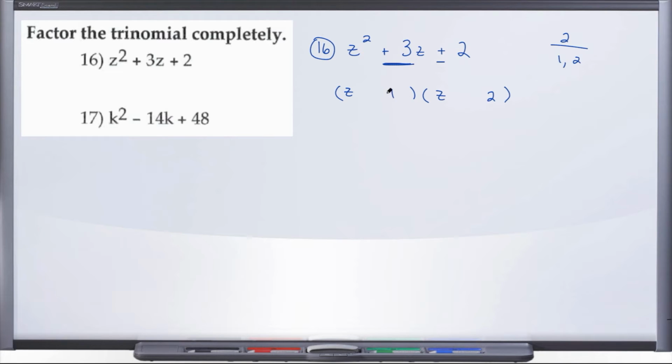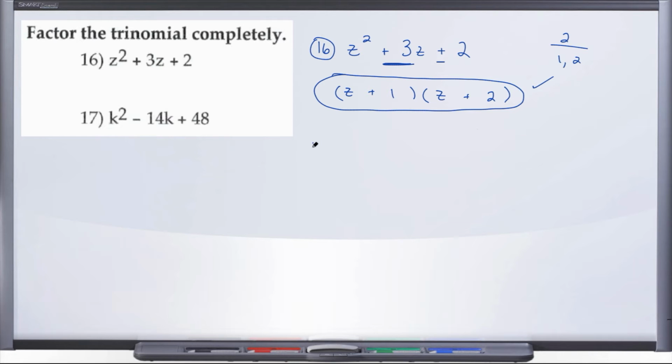So we want 1 and 2 to add up to positive 3. Well, if we want them to add to positive 3, they both need to be positive, right? Because positive 1 plus positive 2 gives us that positive 3, and positive 1 times positive 2 multiply together to give us positive 2. So we know that these are correct.